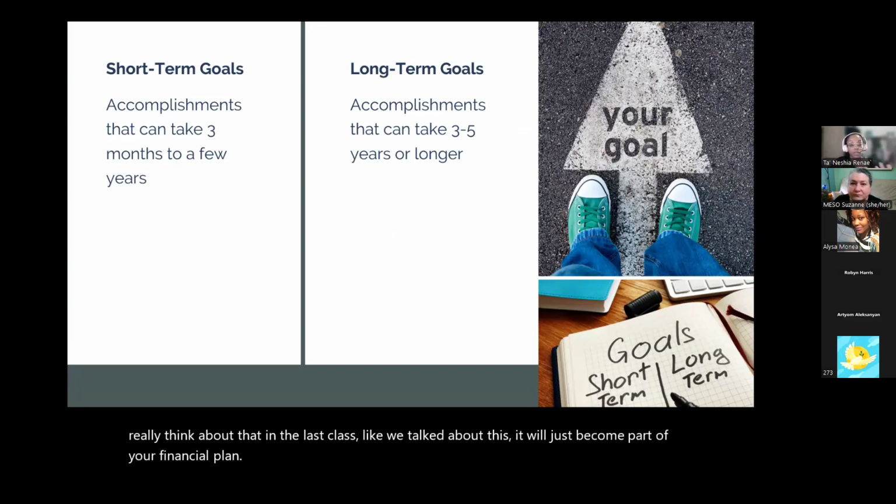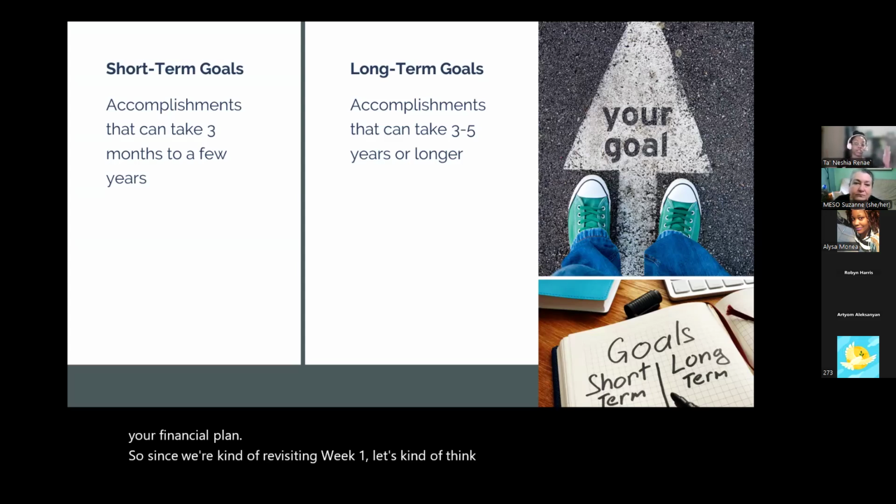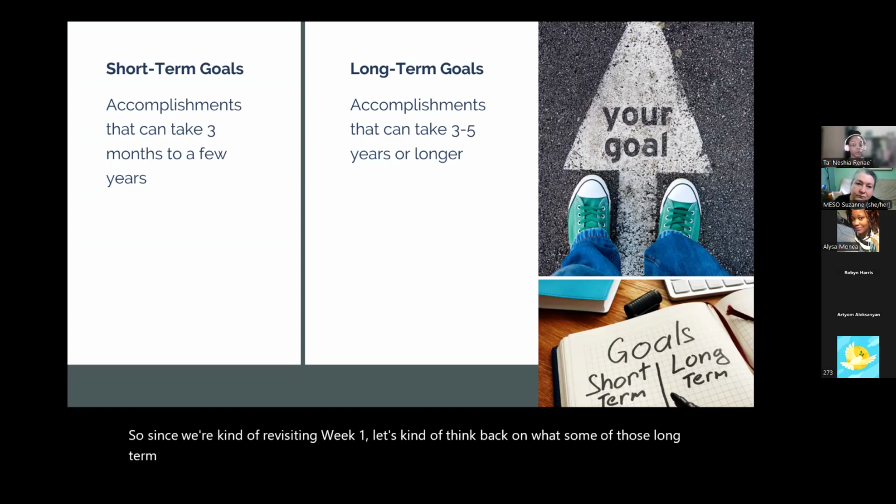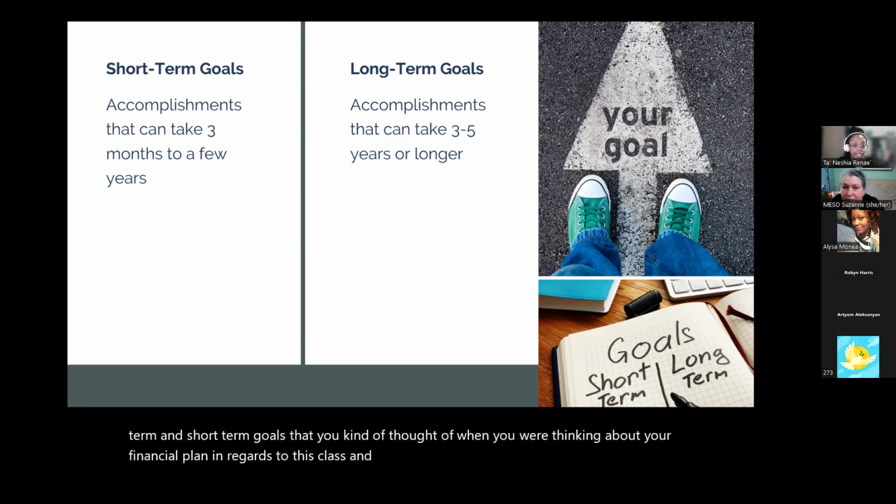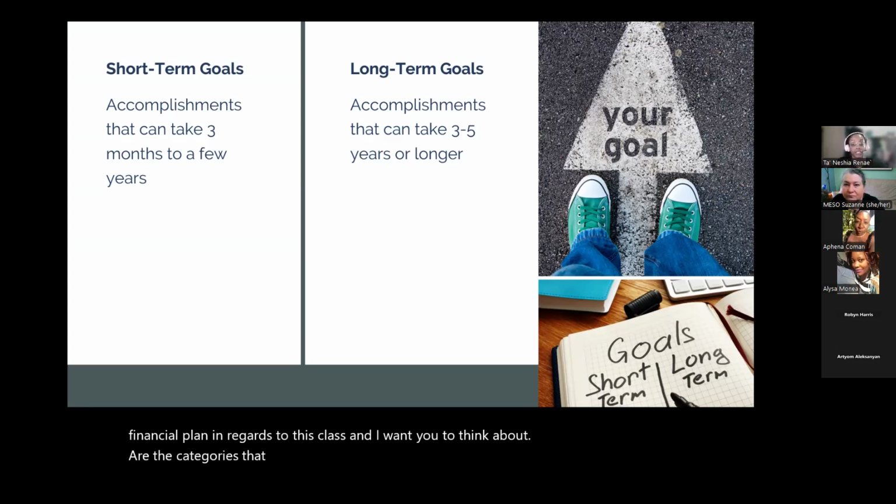Since we're revisiting week one, let's think back on the long-term and short-term goals that you thought of when you were thinking about your financial plan for this class. I want you to think about whether the categories you have now are serving that.